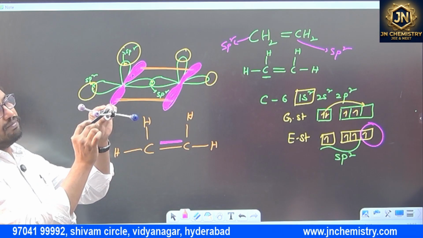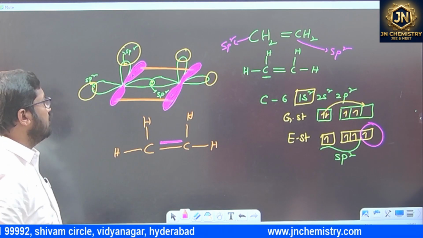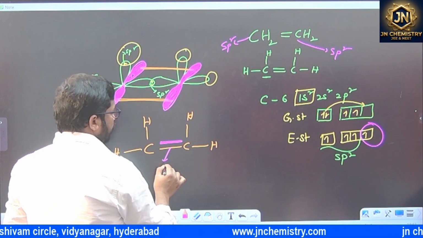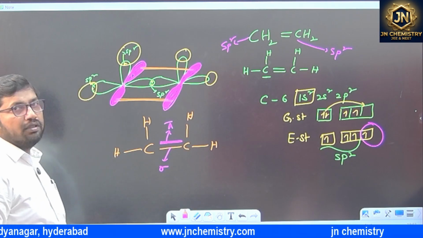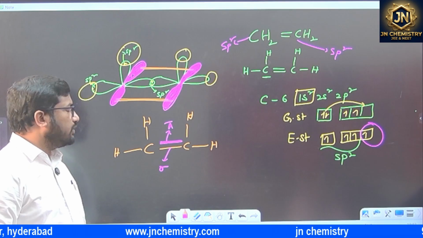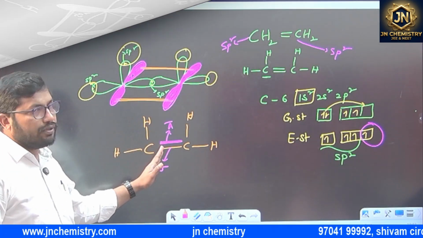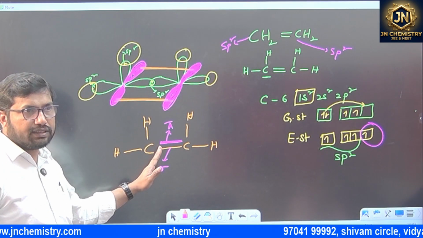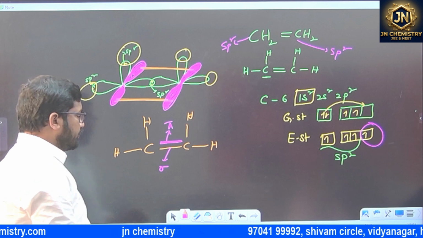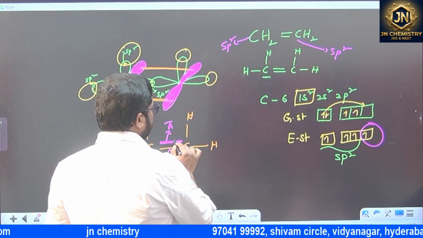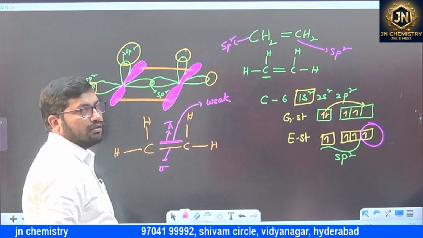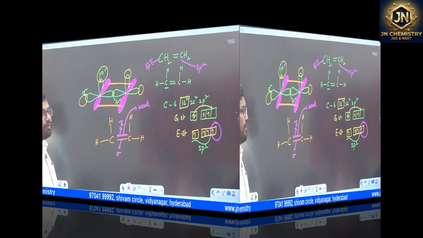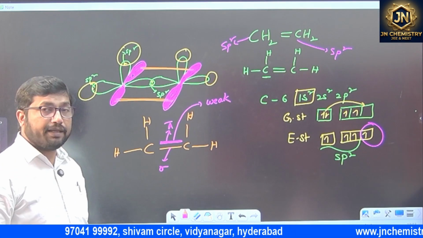So in these two cases, one is a sigma bond, one is a pi bond. Which one can you easily break? The pi bond. The pi bond is weak, the sigma bond is strong. Write it down. The pi bond is weak. Whenever you are breaking a bond, first we will break the pi bond.